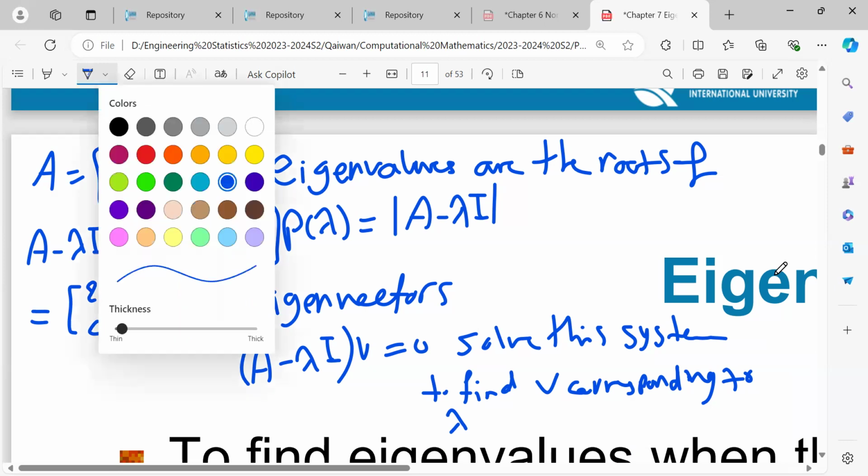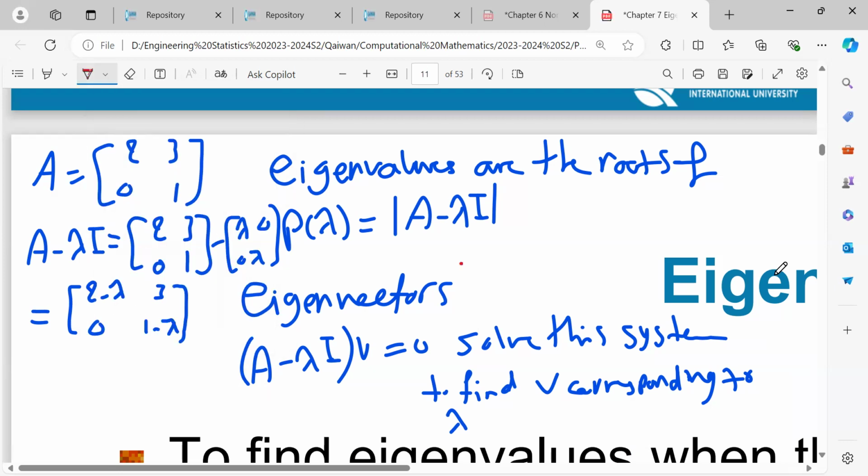Its determinant is multiplying these two minus multiplying these two. So the determinant of A minus lambda I is 2 minus lambda times 1 minus lambda, minus 0. 3 times 0 is 0, that's why we don't write it down.